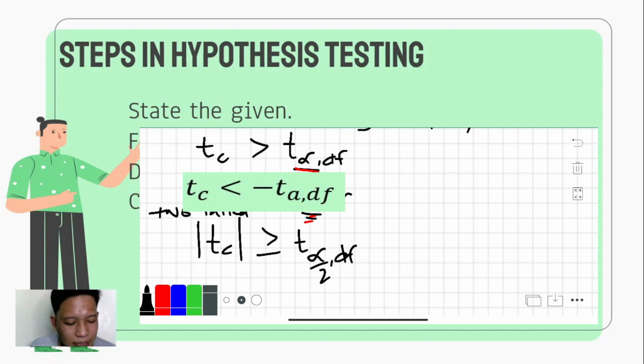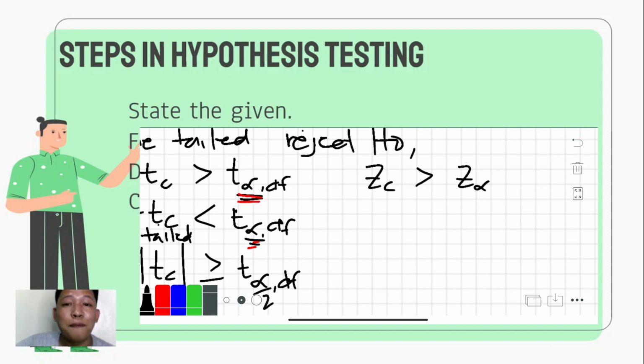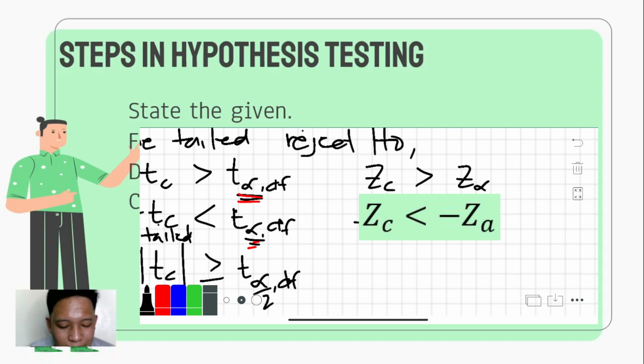Next is that we have, paano naman kapag kay z? So same lang po kapag kay z. Kapag kay z naman, our z computed is greater than our z alpha, kasi wala naman tayong degrees of freedom kay z. Paano naman po kapag negative yung z computed natin, it should be less than z alpha. We reject H0 kapag na-satisfy natin itong either of these conditions.